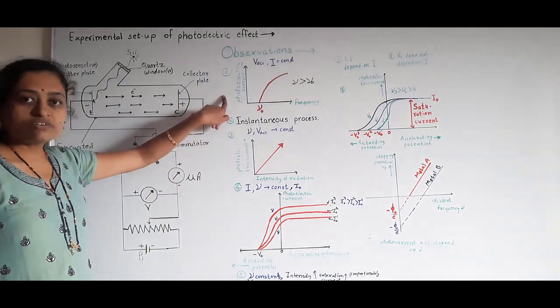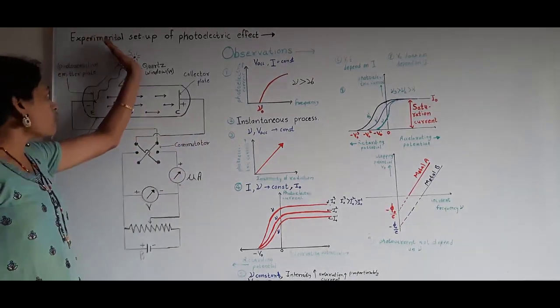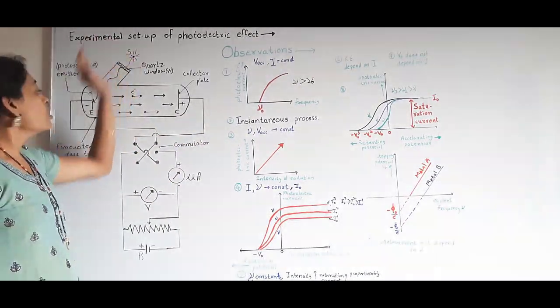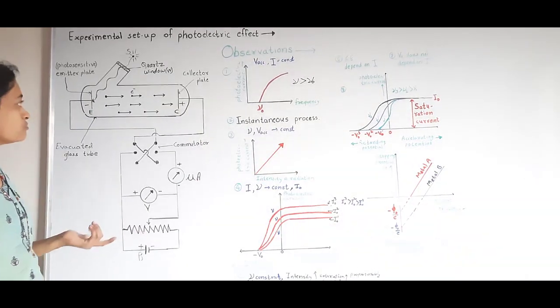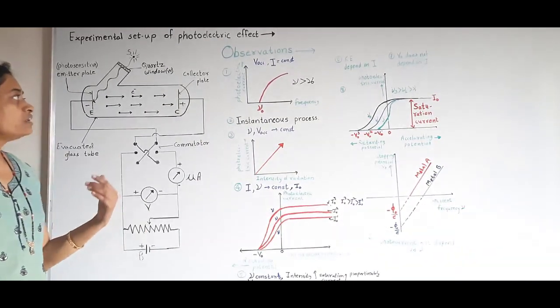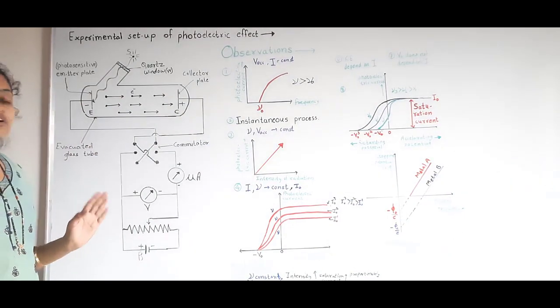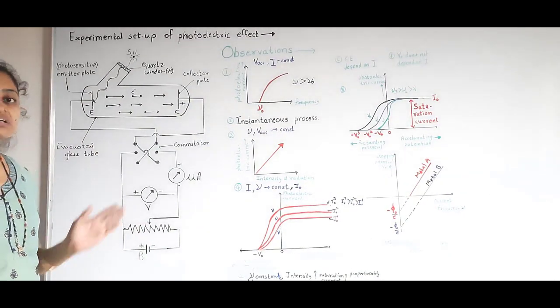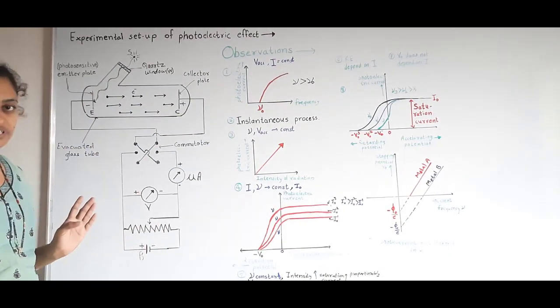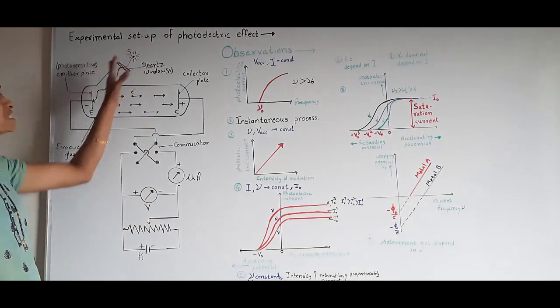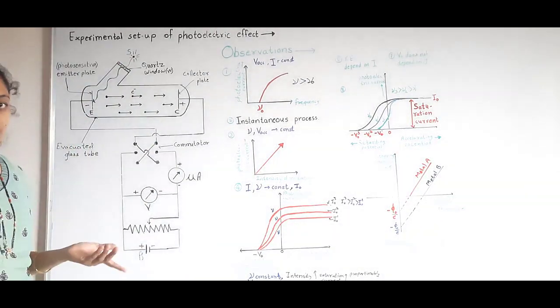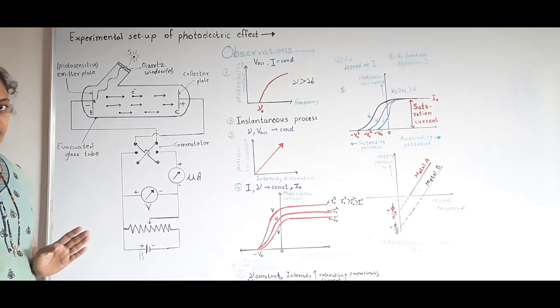This is our observation, and if we stop these radiations, the photoelectric current becomes 0. We get the photoelectric current when the frequency is greater than the threshold frequency, even if the incident radiation is dim or of low intensity.